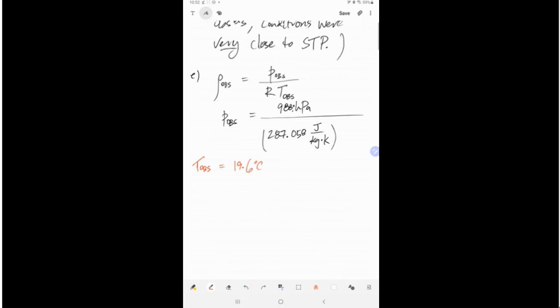And so to convert this value in Celsius to Kelvin, and the way to make that conversion, if we now say T observed here in Kelvin, 19.6 degrees C, plus the conversion to take a temperature in degrees Celsius and convert it to Kelvin is you have to add 273.15.